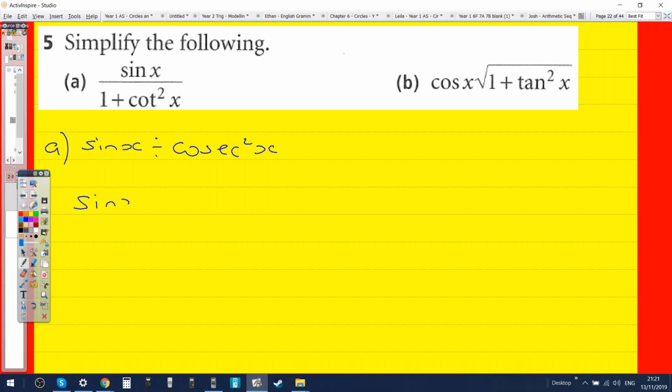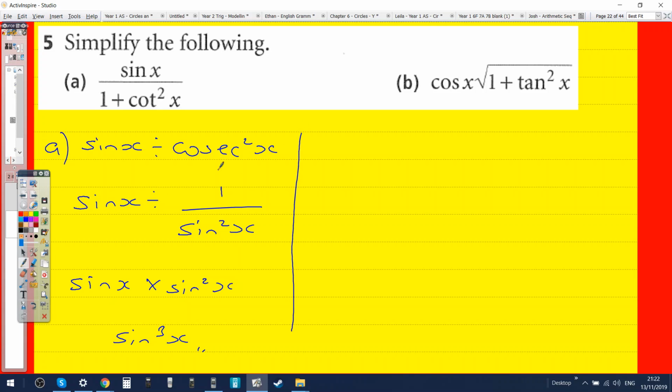Yes, sine cubed x. Yes. How about this one?